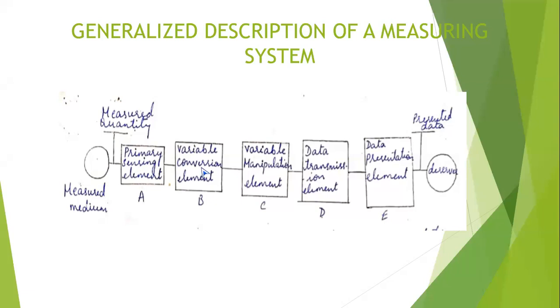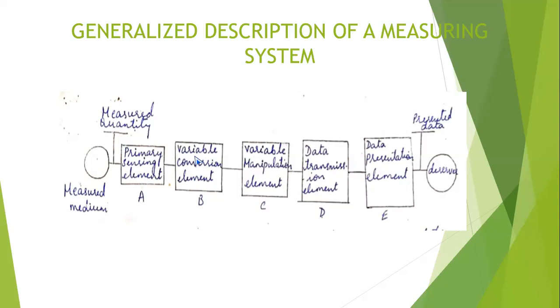Next, whichever force or load comes from the primary sensing element is fed to the second element in this description of a measuring system, the variable conversion element. The variable conversion element is the instrument or measuring element which receives the input from the primary stage, and that input can be converted, filtered, amplified.